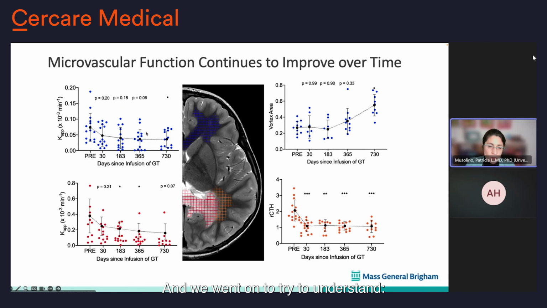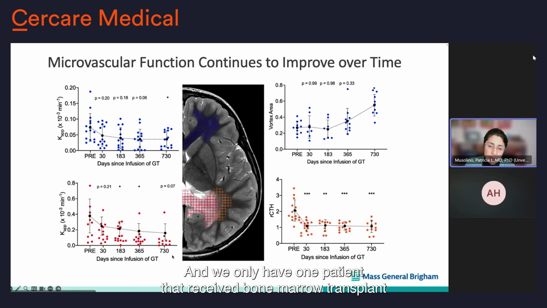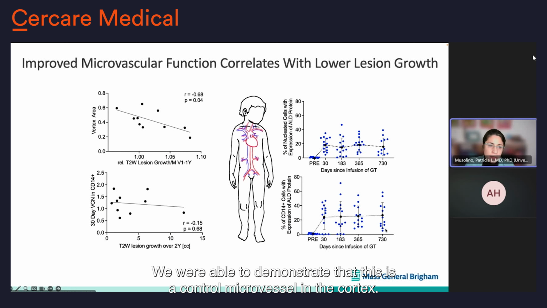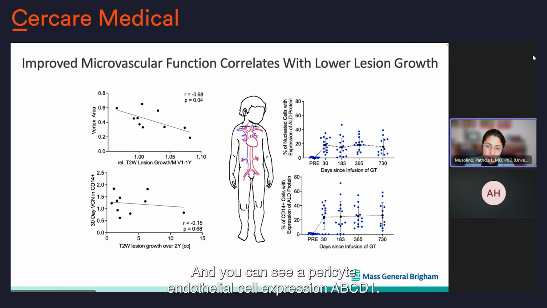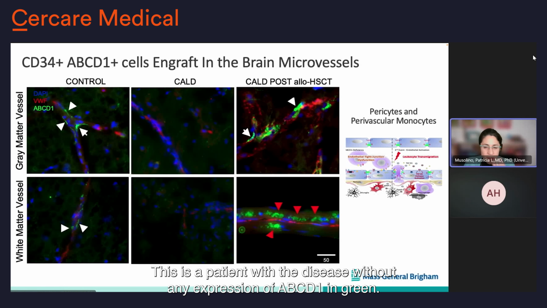And we went on to try to understand, do we see that effect in the cells in the periphery? And the answer is not really. We only have one patient that received bone marrow transplant that we had brain from, and we were able to demonstrate that this is a control microvasculature in the cortex, and you can see a pericyte and endothelial cell expressing ABCD1. That's normal. This is a patient with the disease without any expression of ABCD1 in green.